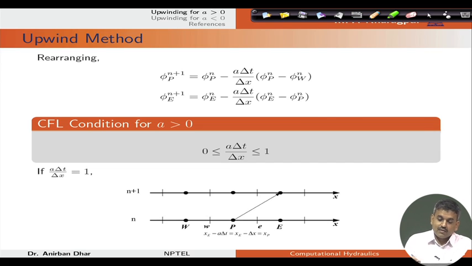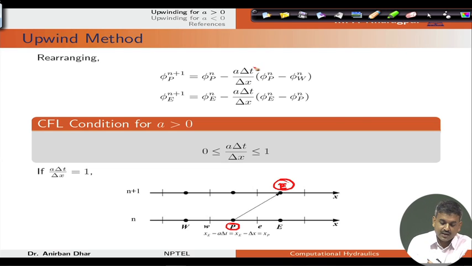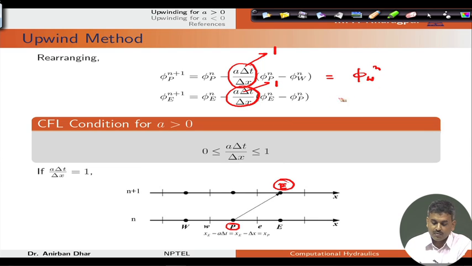That means the information which is travelling from the nth level and reaching the n plus 1 level is exactly, for point E, whatever is there in point P, directly transferred to point E. Or in this case, if this coefficient equals 1, obviously this is phi w n, or if this is equal to 1, again this is phi p n.